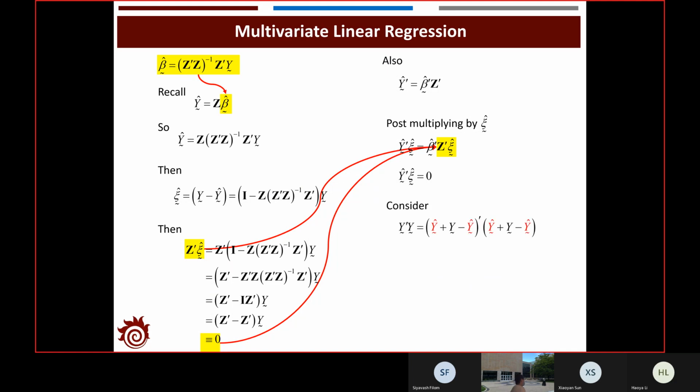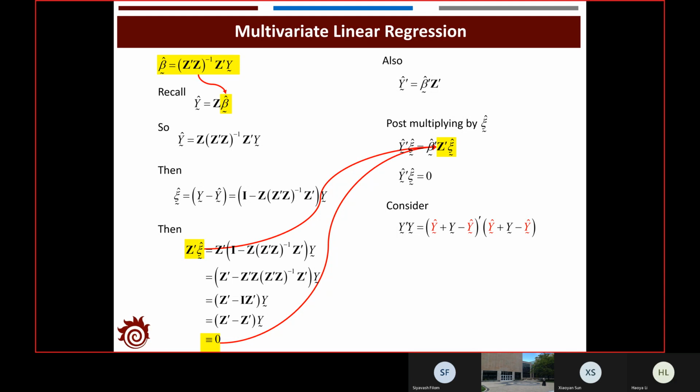And now we want to look at another feature, which is the product of y transpose and y, and see what the expression for this one is. We can do a little expansion for each component of y.